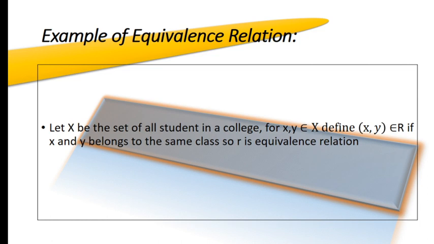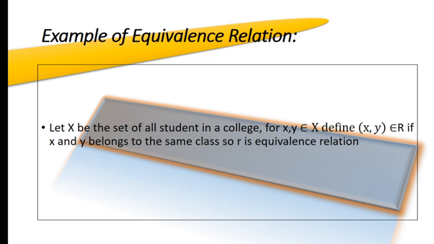Next, an example of equivalence relation. Consider the relation R: x is related to y if x and y belong to the same class. Is this relation an equivalence relation or not? Let us check. First, reflexive.